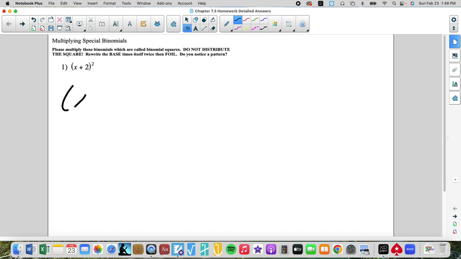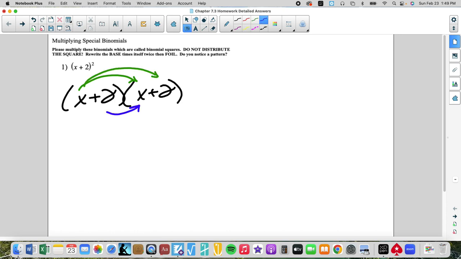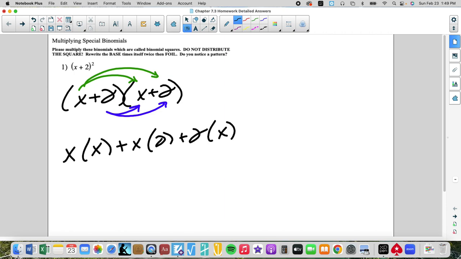So this becomes x plus 2 times x plus 2. And we'll distribute, just like we did in 7.2. Distribute that, and what do we get? We get x times x plus x times 2 plus 2 times x plus 2 times 2.